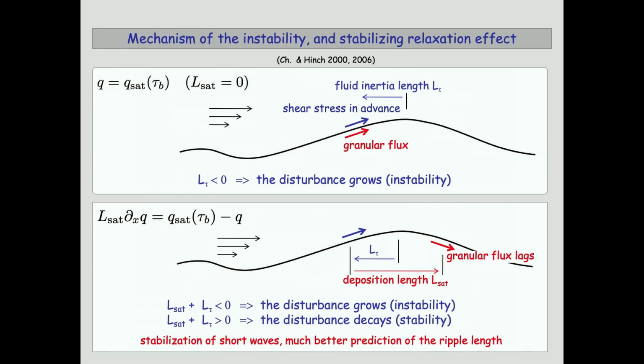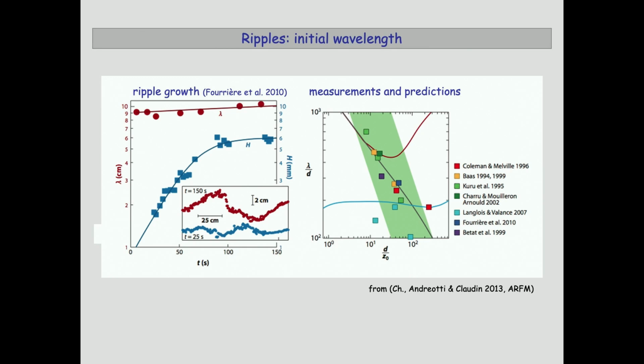So we have this simple criterion for the instability with the sum of these two lengths, and with this deposition mechanism, we have a stabilization of short waves and a much better prediction of the ripple length than before.